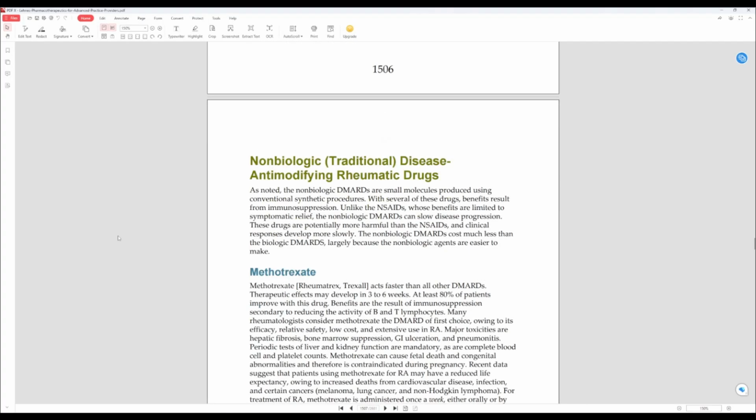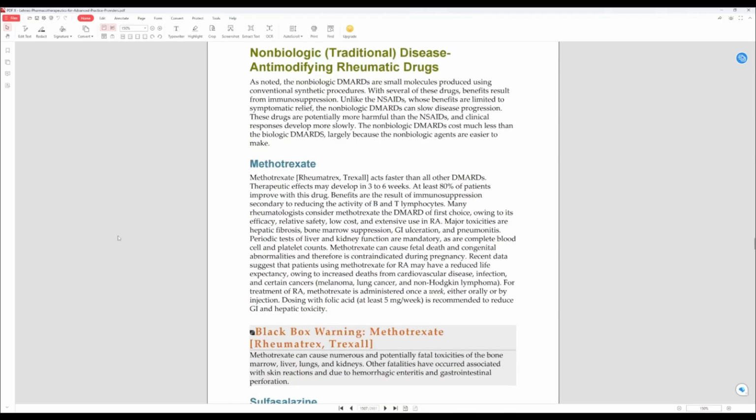So, that brings us to the non-biologic disease-modifying antirheumatic drugs. As noted, the non-biologic DMARDs are small molecules produced using conventional synthetic procedures. With several of these drugs, benefits result from immunosuppression.